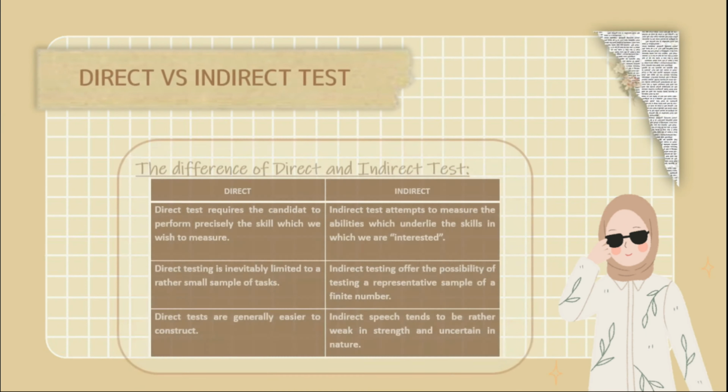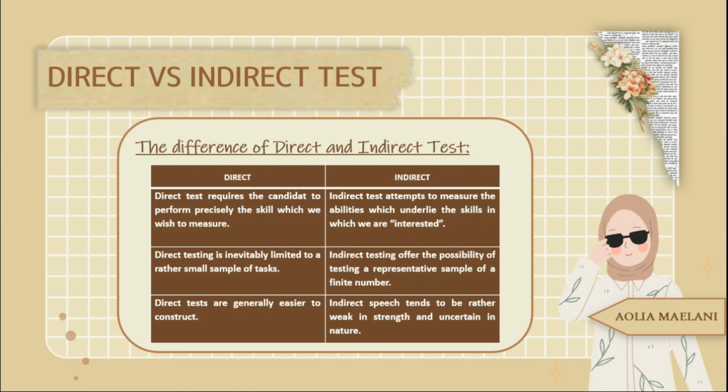The next topic that I brought is direct versus indirect test. Direct test requires the candidate to perform precisely the skill which we wish to measure, while an indirect test attempts to measure the abilities which underlie the skills in which we are interested.